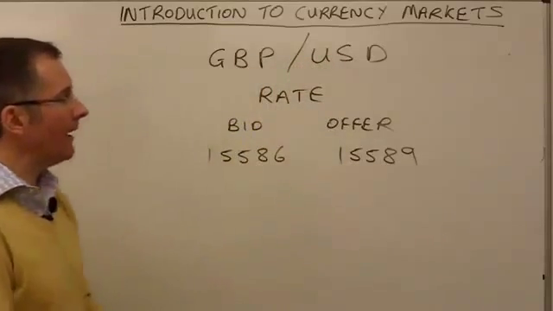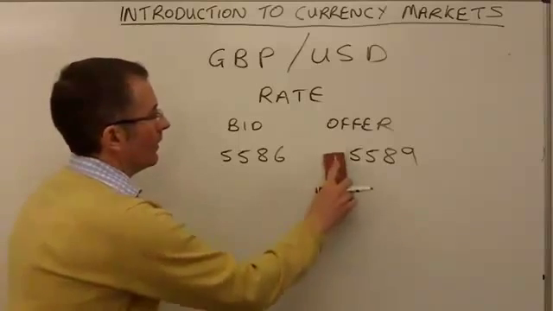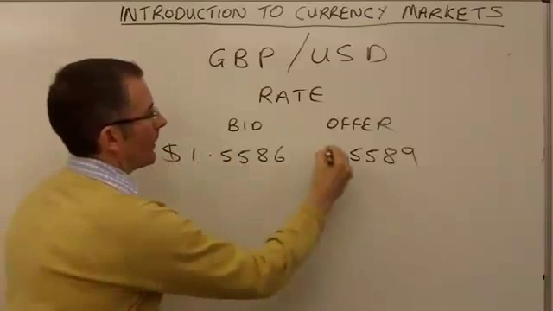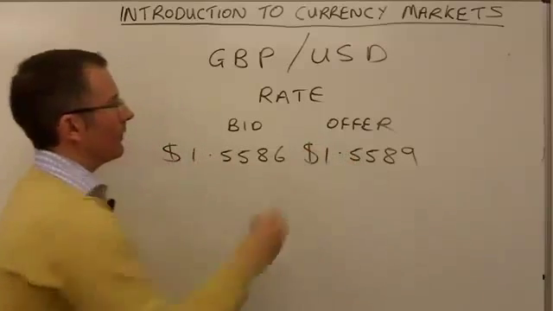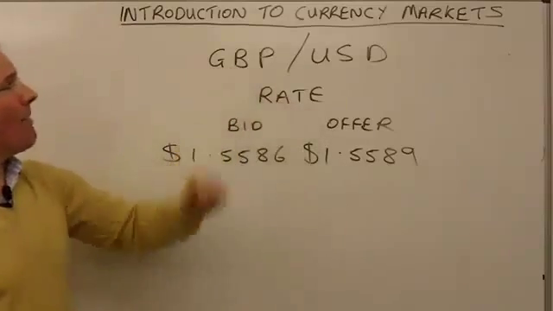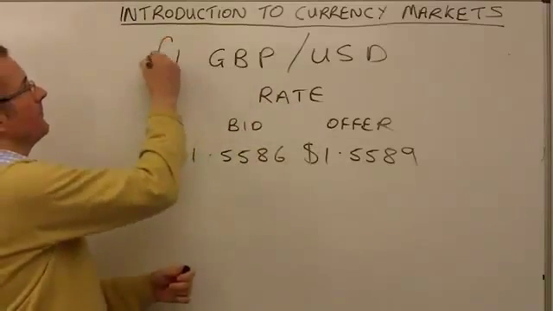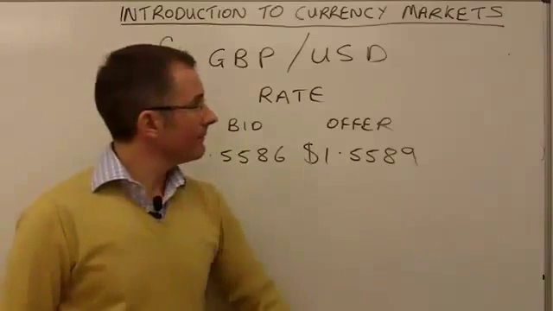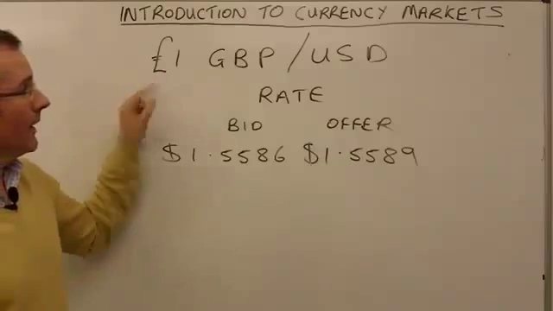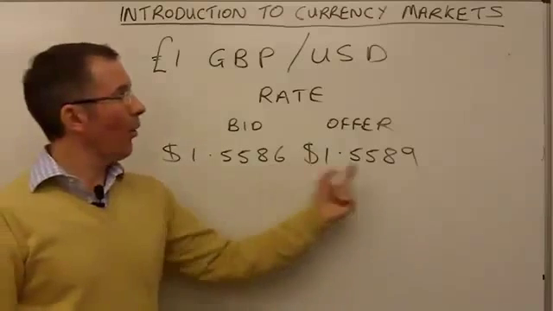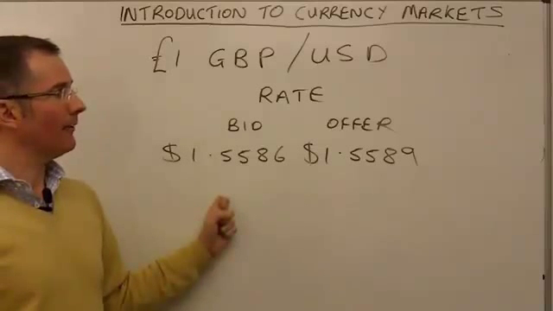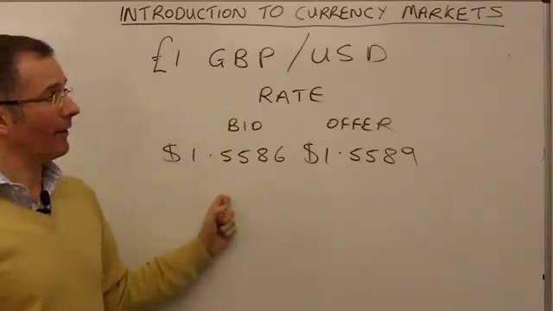And so let's just turn that into, for the sake of this example, something that looks a bit more normal. So it's dollar rates. And what we're saying here is that if you've got £1 and you're looking to turn it into dollars, you've got to decide which rate the person selling you the dollars is going to give you, and vice versa.